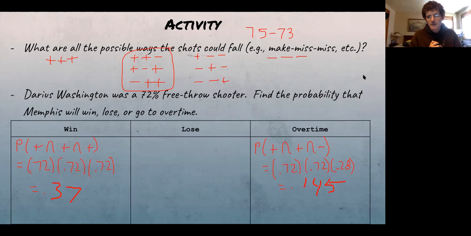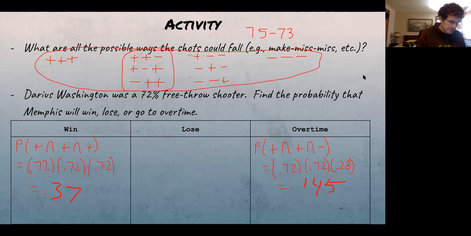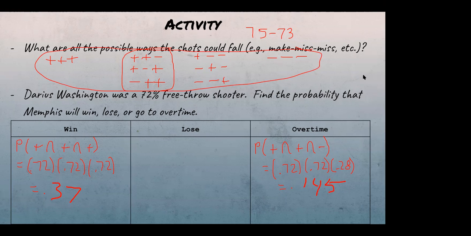So we have 3 different outcomes of these 8 up here. So this is where it gets just a little bit more complicated. If we have 3 different outcomes where we go to overtime, what can we do to this 14.5% probability? We just multiply by 3.